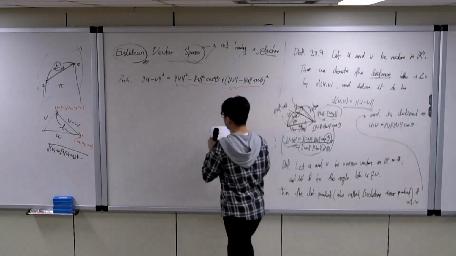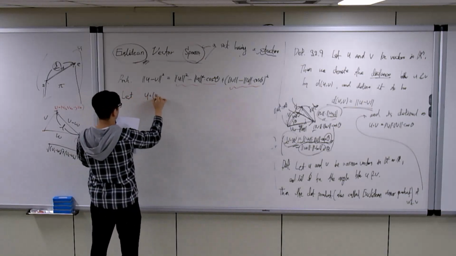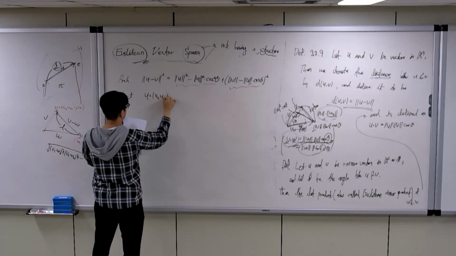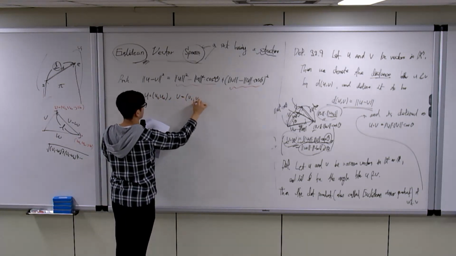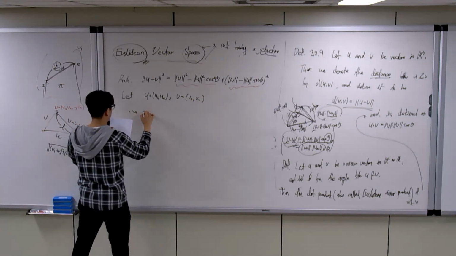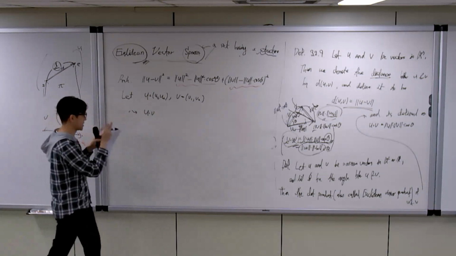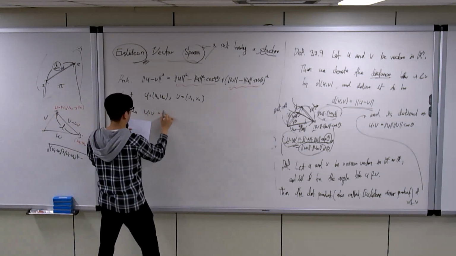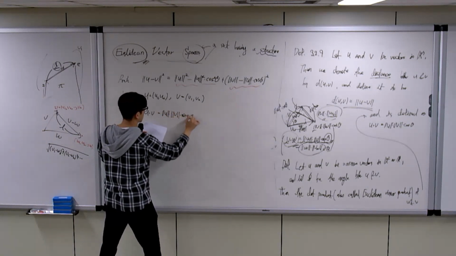So let U be U1, U2, and V be V1, V2. Then we know the inner product in real system, and we defined it as norm times norm cosine theta.